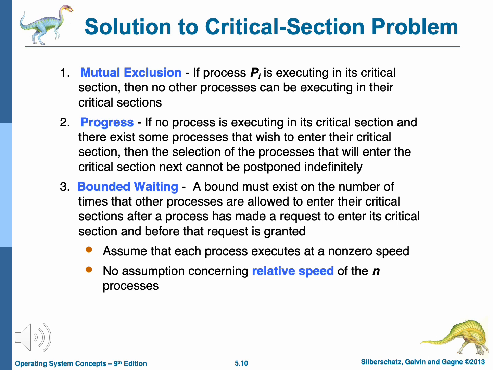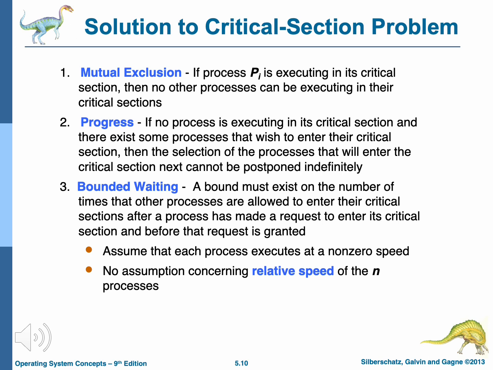If no process is executing in its critical section and some processes wish to enter their critical sections, then only those processes that are not executing in their remainder sections can participate in deciding which will enter its critical section next, and this selection cannot be postponed indefinitely. 3. Bounded waiting. There exists a bound, or limit, on the number of times that other processes are allowed to enter their critical sections after a process has made a request to enter its critical section and before that request is granted.